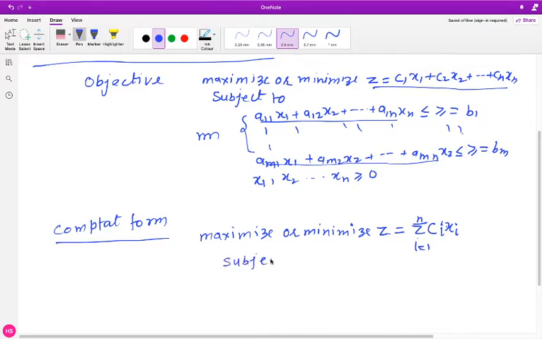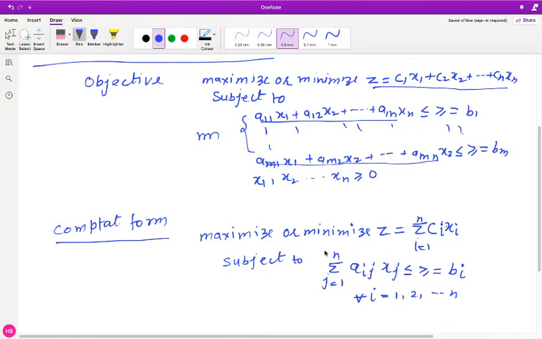Subject to the constraints: summation j equals 1 to n aij xj less than or equal to, or greater than or equal to, or equal to bi, for every i equals 1, 2, up to m.